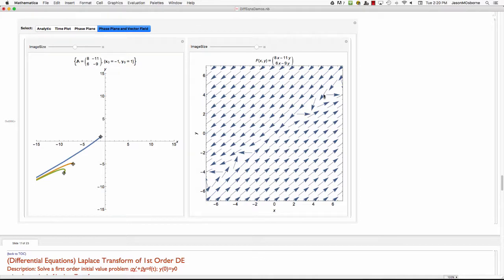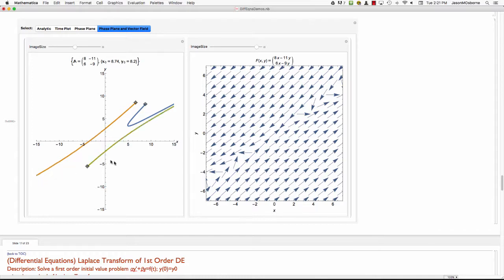And you can see here, by adjusting the initial conditions, that initial conditions between those two straight lines are going to come in and turn. Initial conditions outside of the straight lines are going to bend, turn and go down to negative infinity.